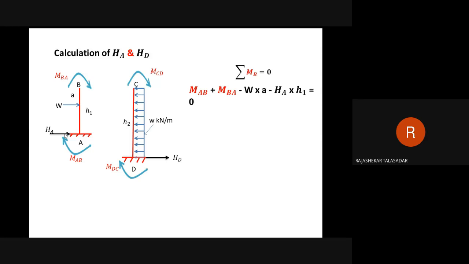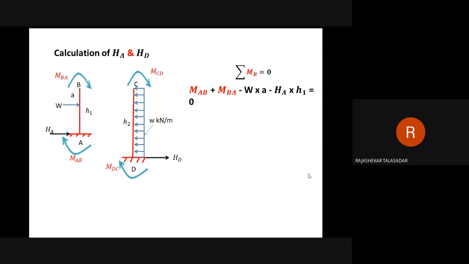Next you take moment due to HA. HA into, what is the height of the column? H1. Isn't it? HA into H1. What is the sign? Minus. Why? The moment due to HA about B is also anti-clockwise. So this equals to 0.